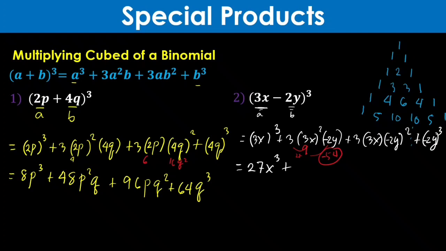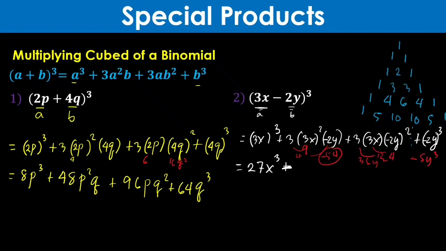Let's go here. The square of negative 2 is 4. 4 times 3 is 12. 12 times 3 is 36. So you have 36y squared. And here we have negative 2 times negative 2 times negative 2, that's negative 8y cubed.